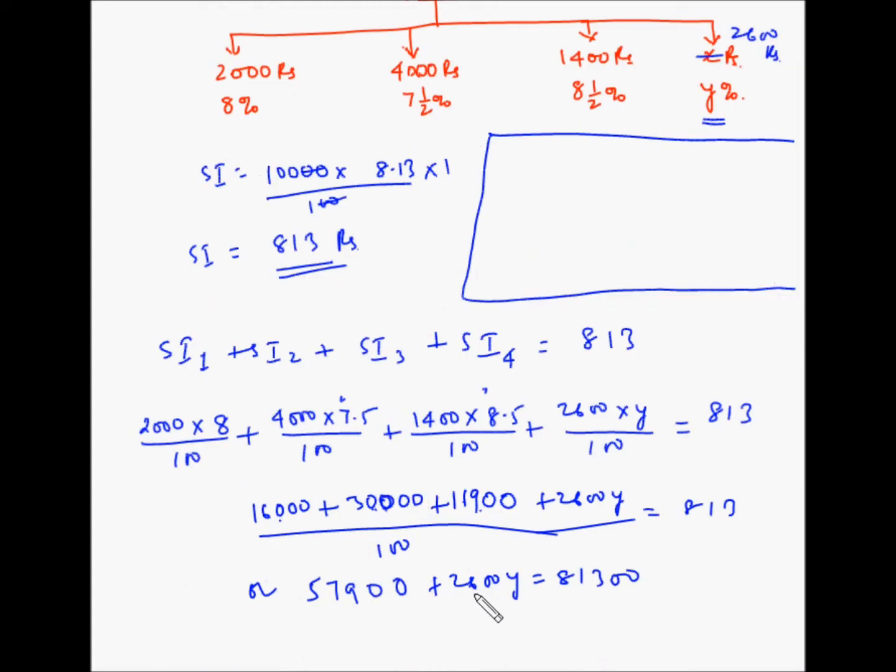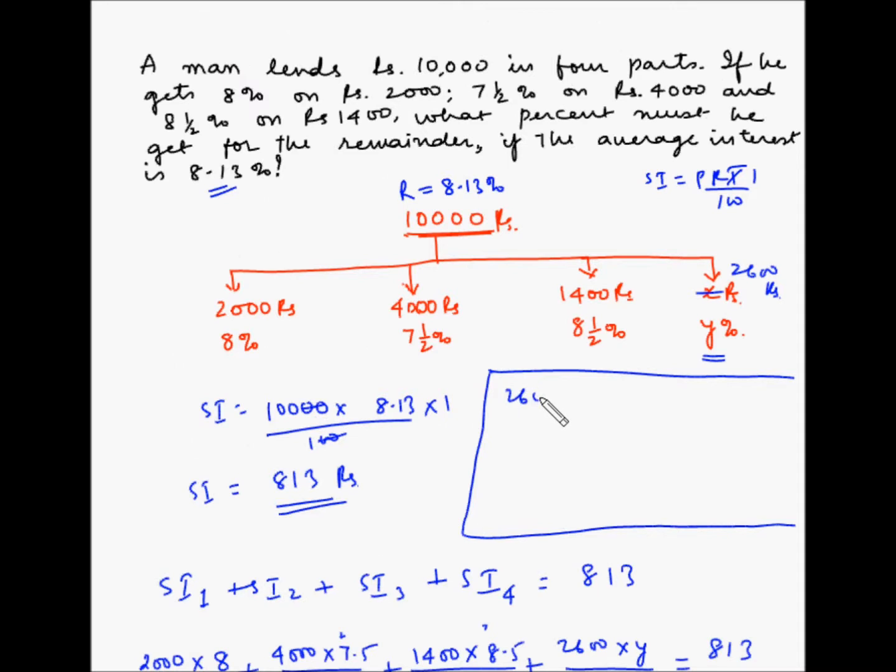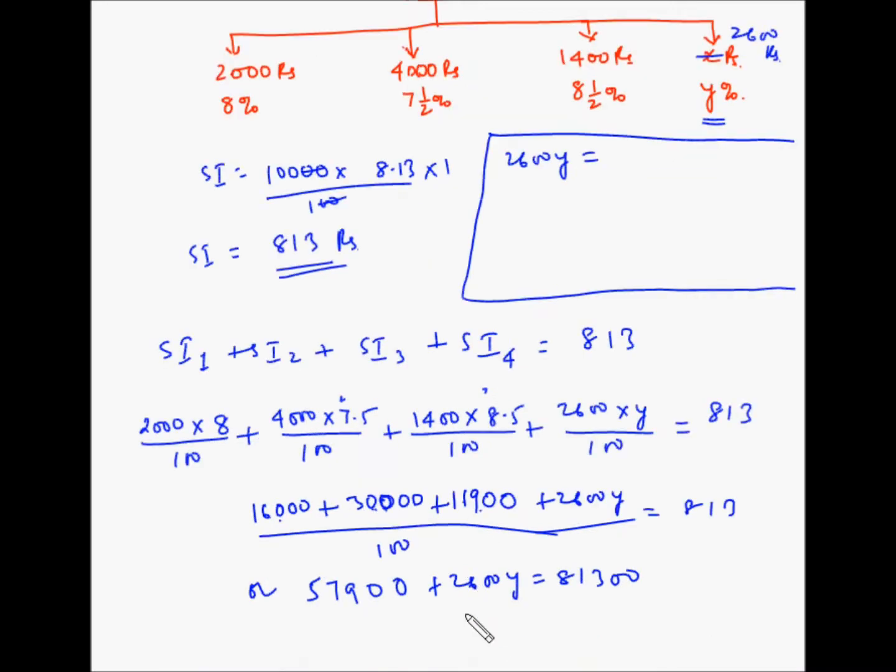So let's use this space to further calculate. So let's have 2600y on one side, and let's bring 57900 on the other side. So 2600y is equal to, so this is where we have to subtract 81300 minus 57900.